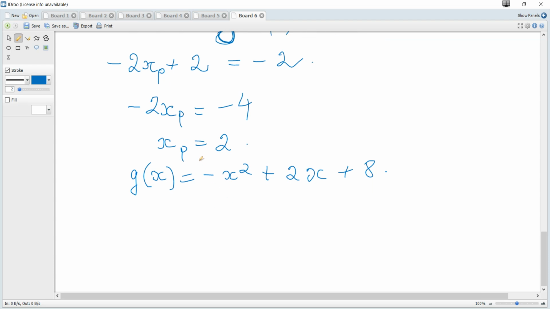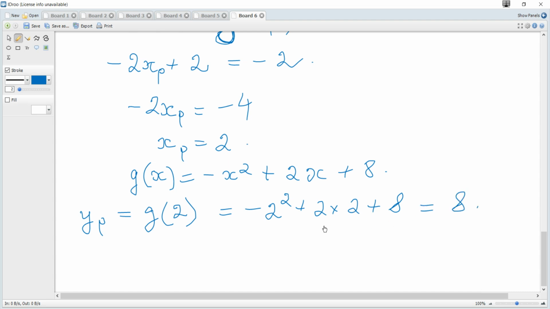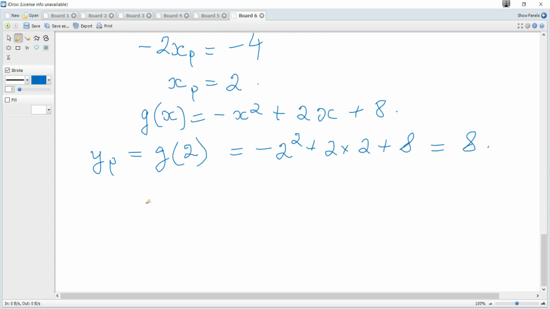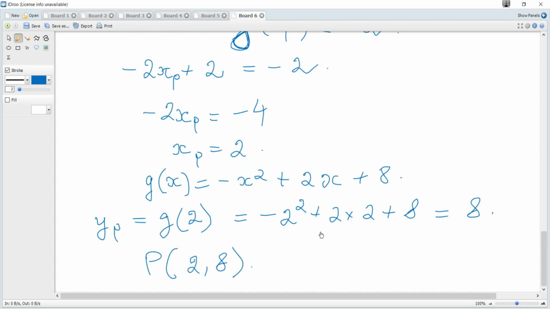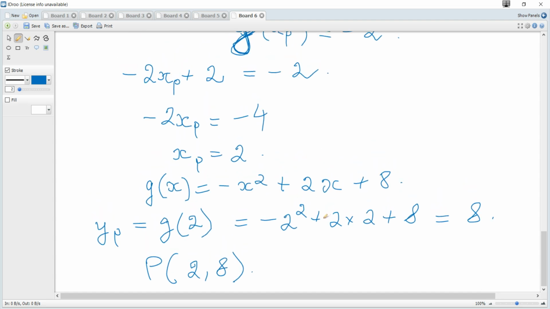So substituting 2 for x into the equation for g gives the y coordinate of P: negative 2 squared plus 2 times 2 plus 8. It's negative 4 plus 4, which is 0, plus 8, which is 8. So point P has coordinates (2, 8). And that's all for this question.